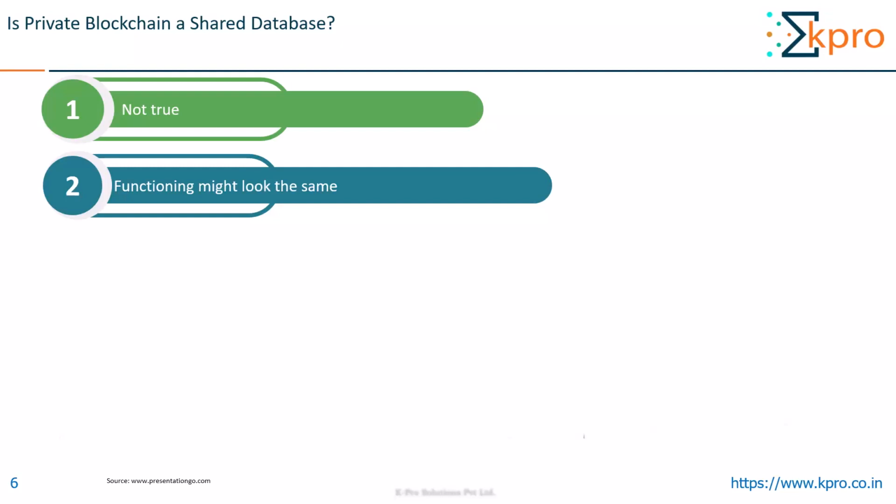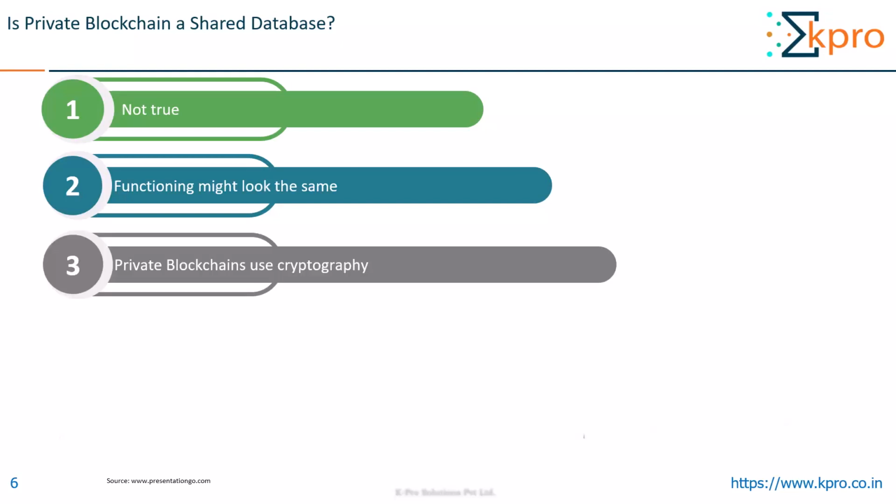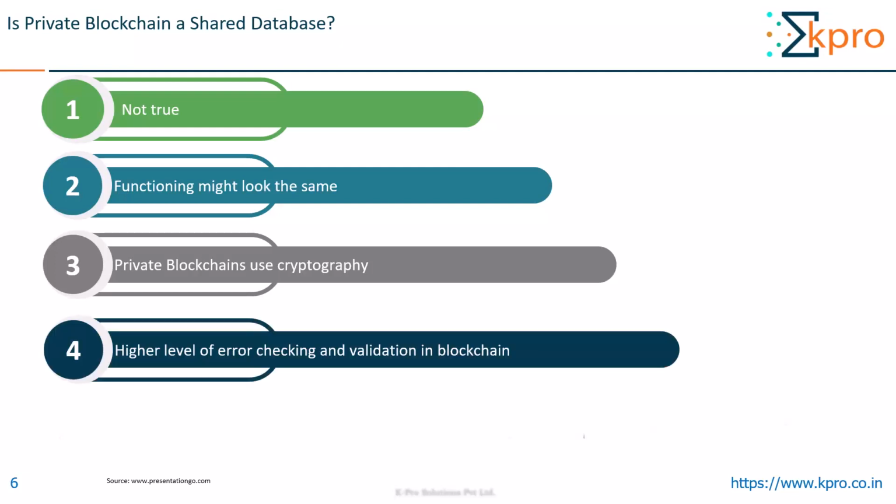There are advantages of using this private blockchain over the shared database. This private blockchain makes use of the power of cryptography, whereas shared databases do not. These private blockchains provide a higher level of error checking and transaction validation than the shared databases.